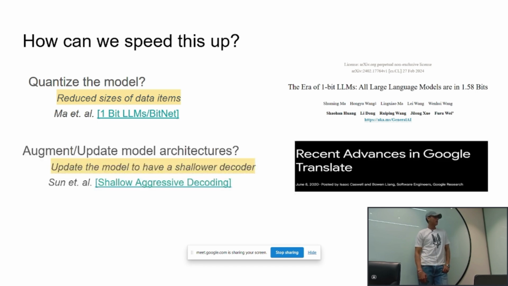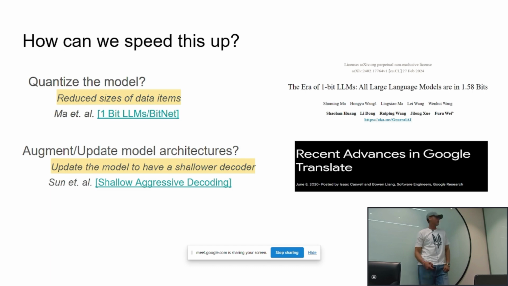Then there are other approaches which talk about updating the model architecture itself. So now research shows that I can have a very large encoder, but I can have a smaller decoder. So let's say in a 7 billion parameter model, I can have an encoder with 3.5 billion parameters, and maybe I can have a smaller decoder instead of having a 3.5 billion decoder, because the encoder is the main sort of retainer of information.